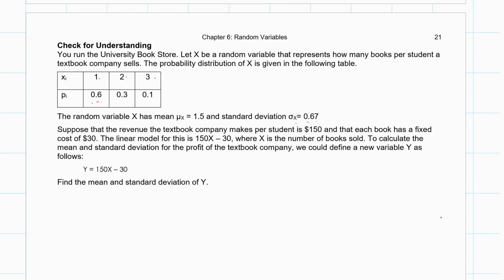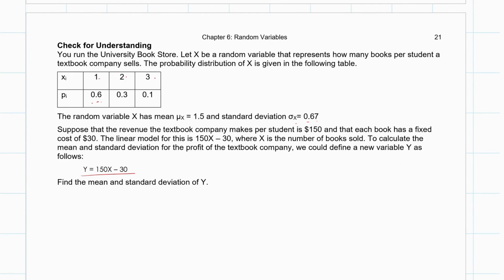Suppose that the revenue the textbook company makes per student is $150 per book, and that each book has a fixed cost of $30. So we could say the profit is 150 minus 30.